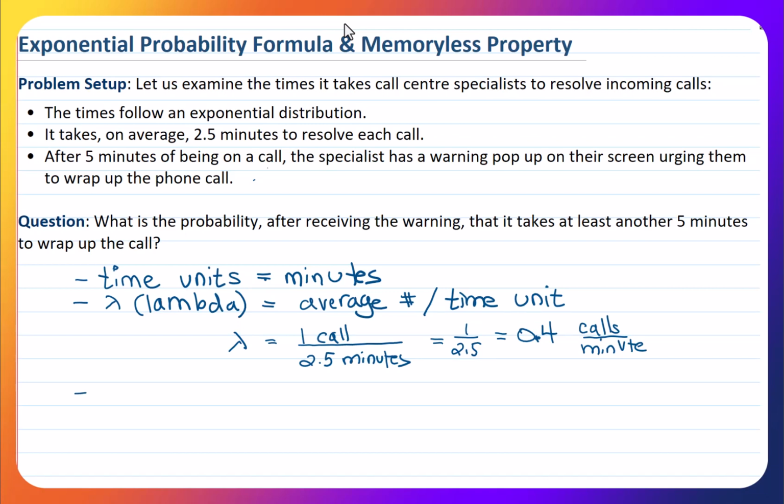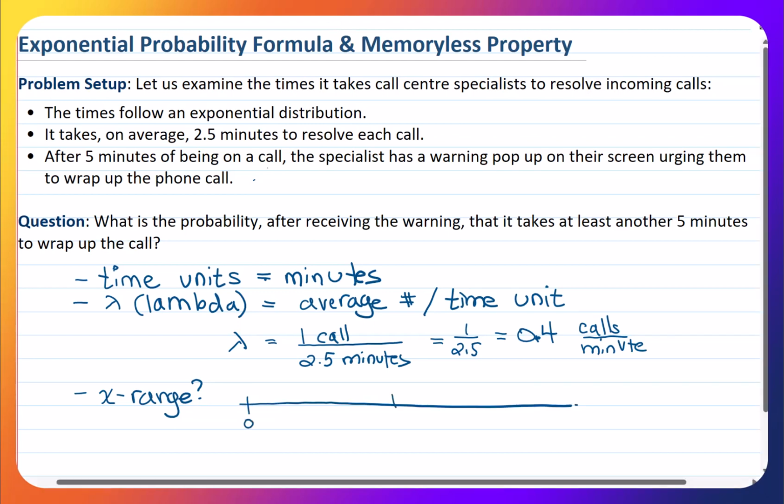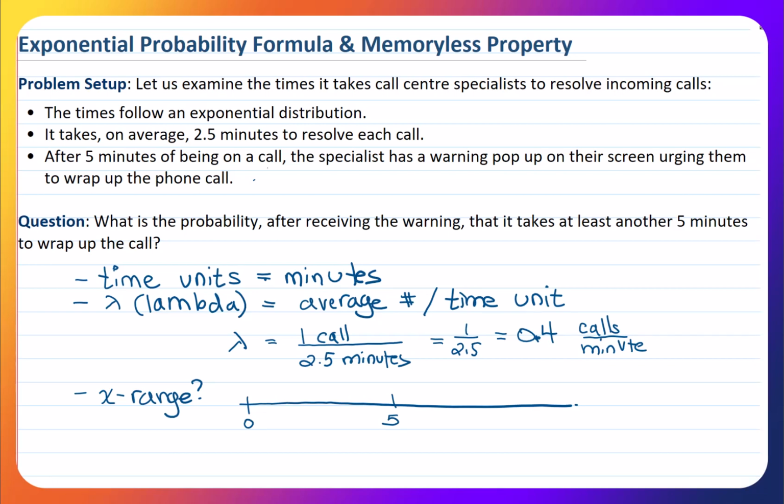And next, let's figure out our X range. So this is where we need to think a little bit about this problem. So what's happened is the following. The call center specialist has been on the phone with one customer for an entire 5 minutes so far.